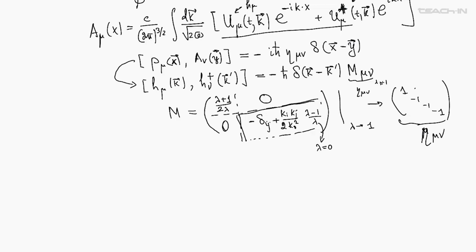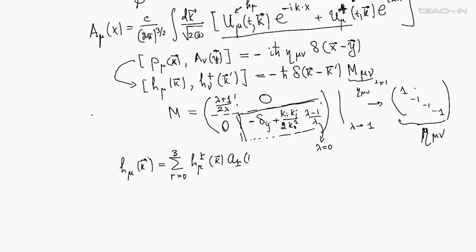So this H mu of k can be expanded in the following way. I introduce what is called a Vierbein because it has 4 legs, H mu R, depending on k, and then I multiply it with the oscillator of annihilation.